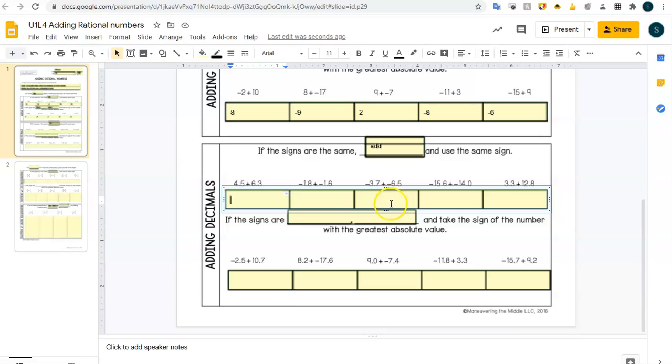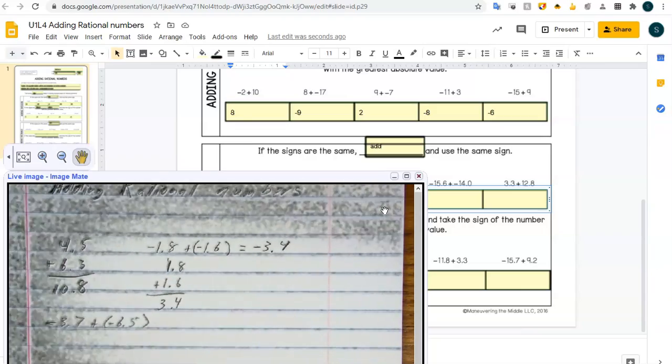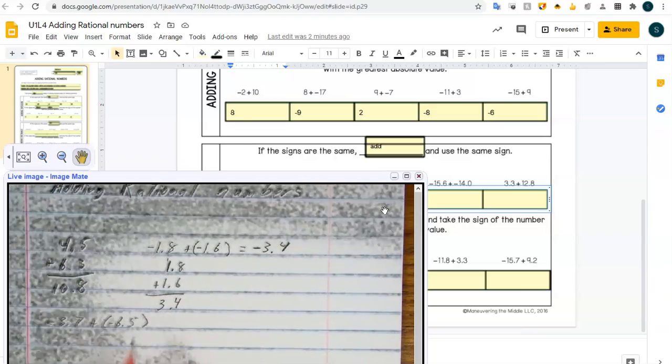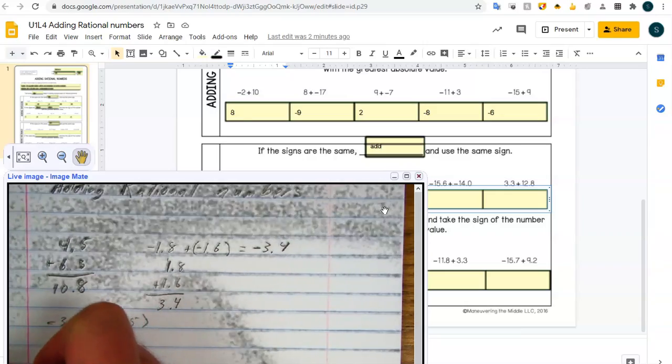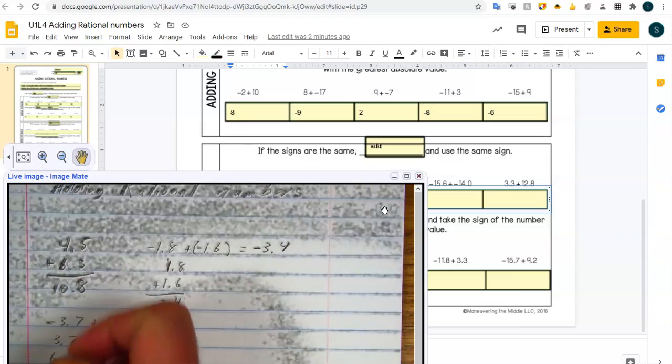Let's try negative 3.7 plus negative 6.5. So first I just write it as I normally do. Oh, I went to the wrong page. There it is. But now I'm going to just think about, well, the signs are the same, so I'm just going to add decimals. And I'm going to add their magnitudes, and then I'm going to worry about the sign at the end.